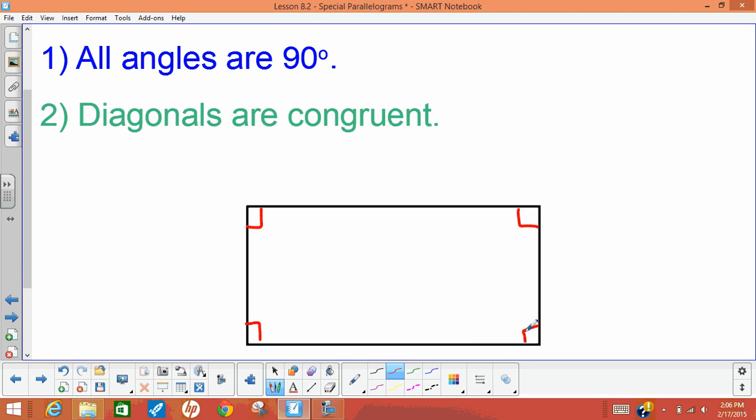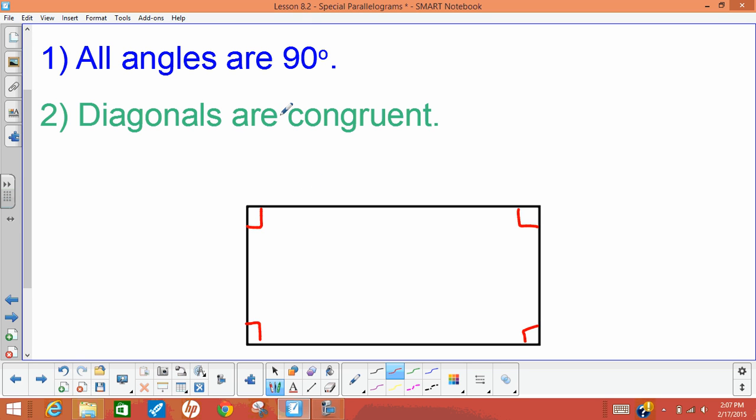And it's important to know that if you know one angle is a 90-degree angle in a parallelogram, then by using the parallelogram properties, that opposite angles are congruent and consecutive angles are supplementary, you would then know that all of them are right angles. So if you know one is 90, then the rest have to be 90.